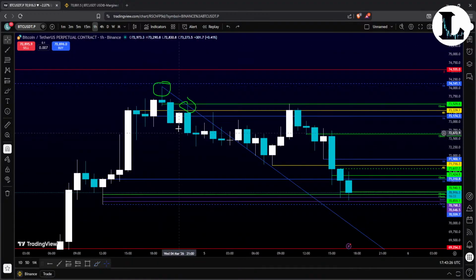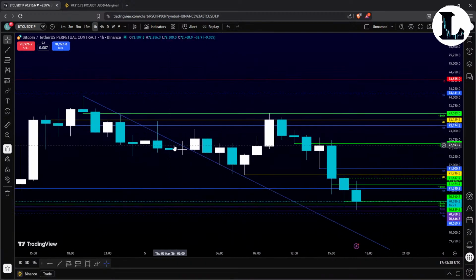You might get confused here. Imagine that this bull candle tests a trend, right? Imagine that the wick does not test that line.